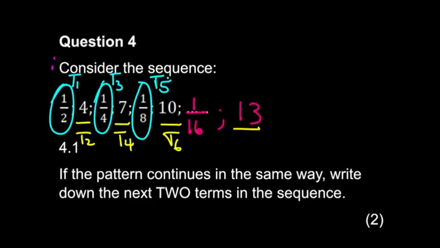So the 50th term would land up on the arithmetic sequence, and the 49th term would be the geometric.